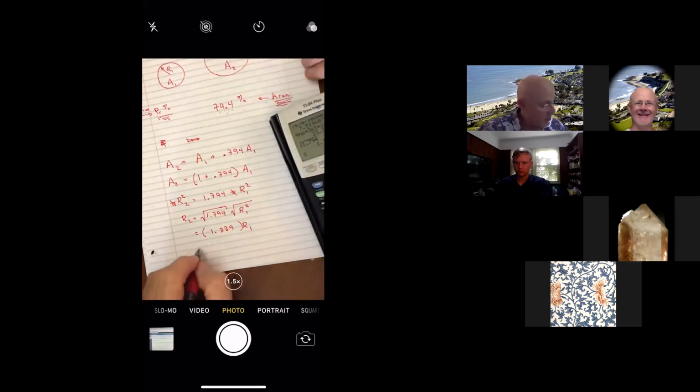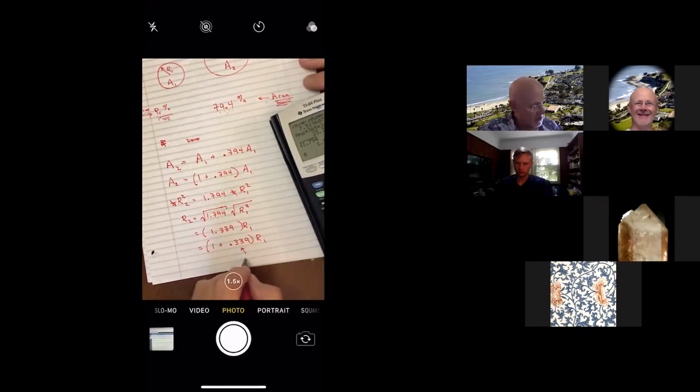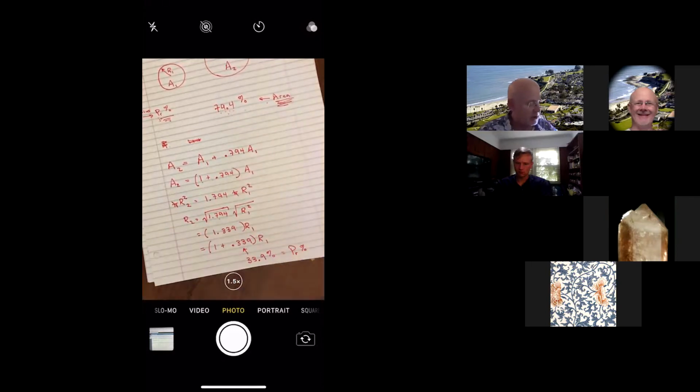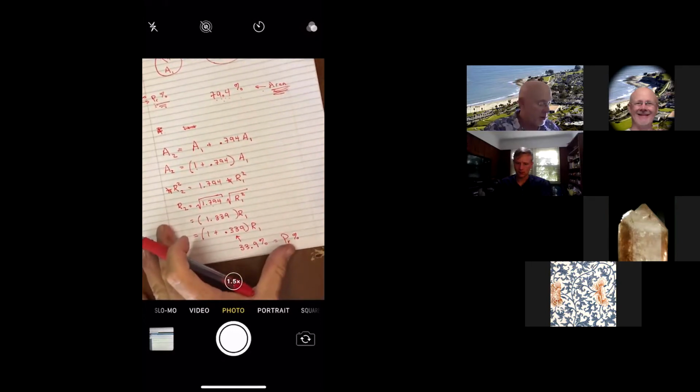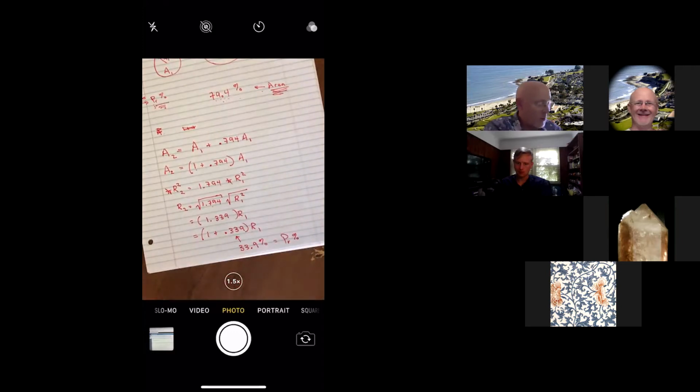And so this would be written as 1 plus 0.339 times radius 1. That's the percentage, 33.9% bigger. And I think that is, if I understood your notation or his notation, how much bigger, the percent bigger the radius is.